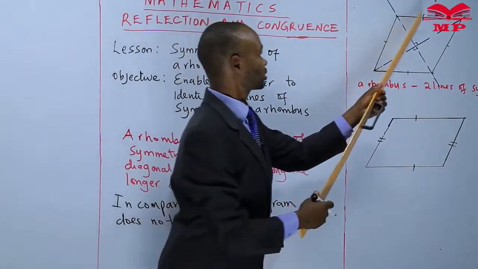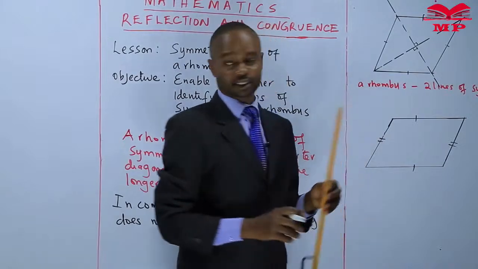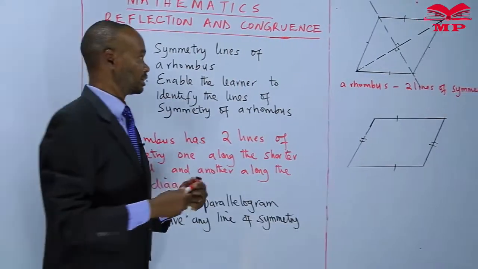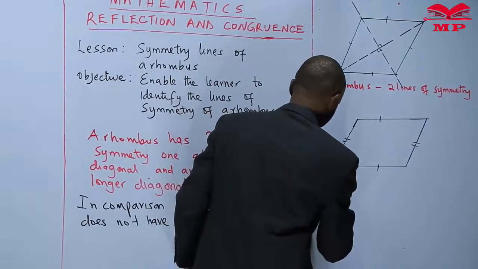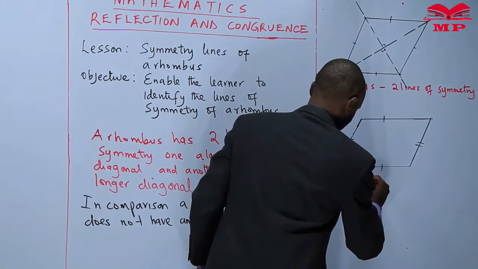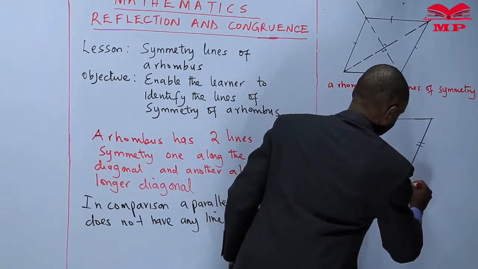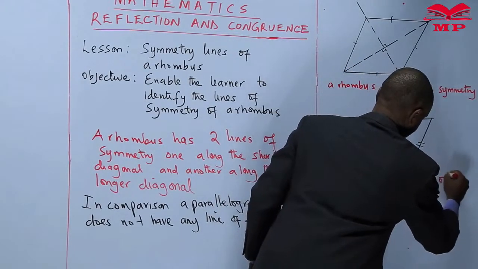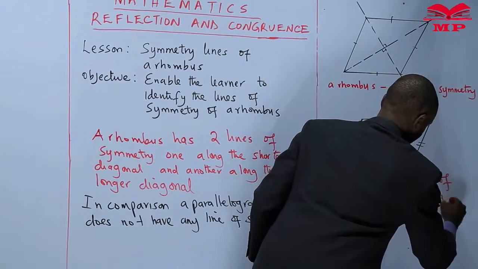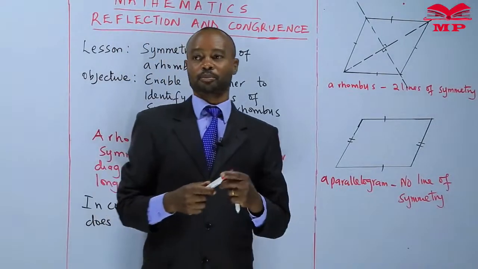But for the rhombus we had just one mark to show that all the sides are equal. So from there we just write, for a parallelogram, no line of symmetry, as I demonstrated using that piece of paper.